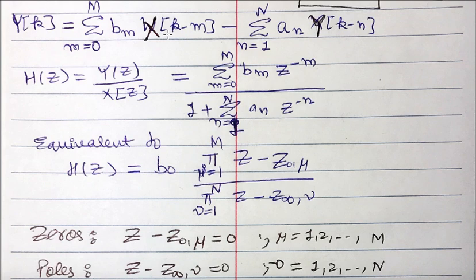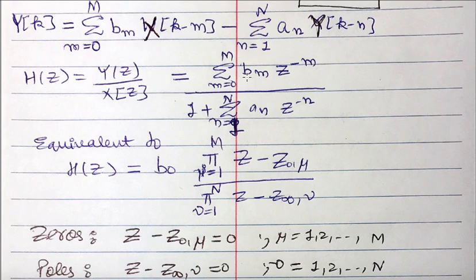If we take the z-transform on both sides and take Y to the right-hand side, we see that Y by X will become the summation from m equals 0 to M of b[m] z to the power minus m, divided by 1 plus the summation from n equals 1 to N of a[n] z to the power minus n. And this is a polynomial both in the denominator as well as the numerator.